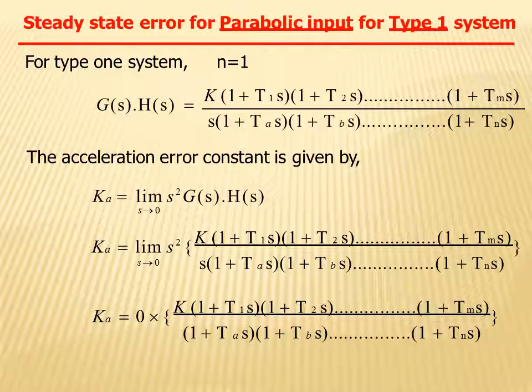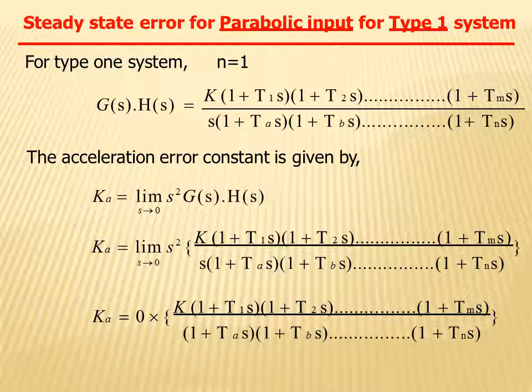Next is steady state error for parabolic input for type 1 system. For type 1 system, n is equal to 1 and G(s)H(s) is given by K(1 + T1 s)(1 + T2 s) up to (1 + Tm s) divided by s(1 + Ta s)(1 + Tb s) up to (1 + Tn s).